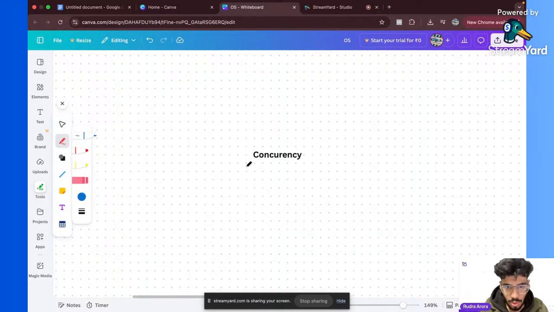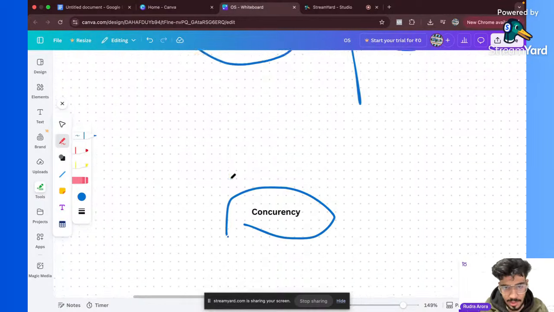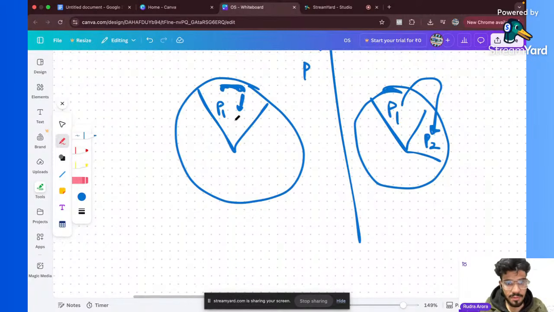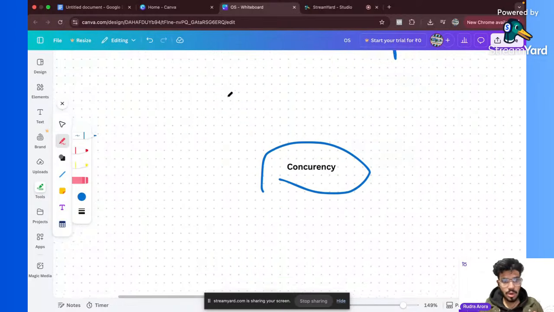Talking about threads, concurrency is achieved when these threads work simultaneously, so that the output we need, we can achieve in a faster way. This is what concurrency means.